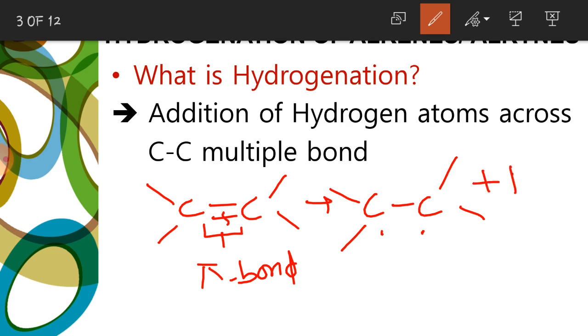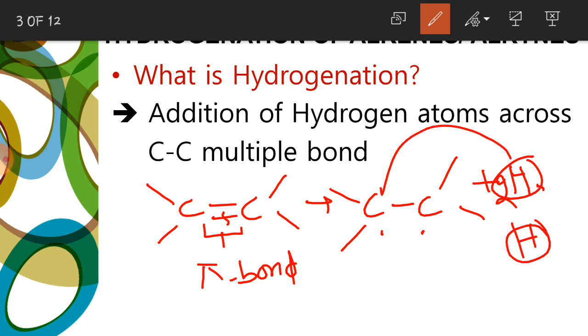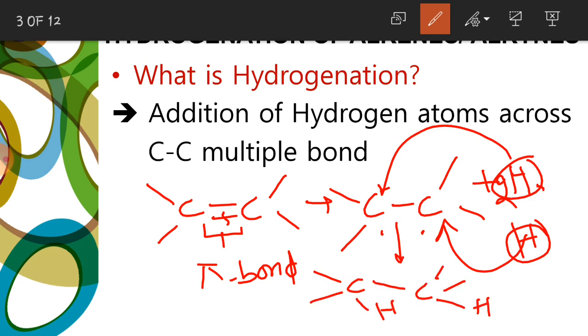Now, if we add two hydrogen atoms to this molecule, then each of the hydrogen atoms will get attached to each of these carbon atoms. And after getting attached, you may see here that the double bond has been removed and the C-C bond is now a single bond.